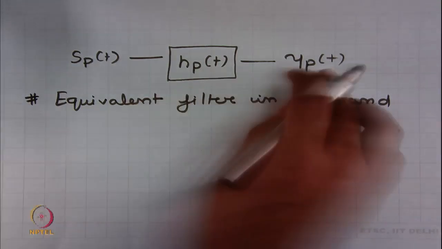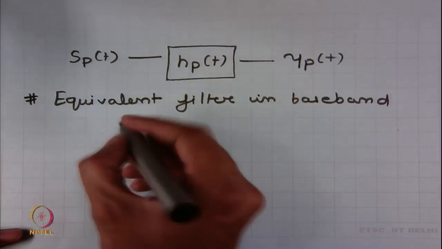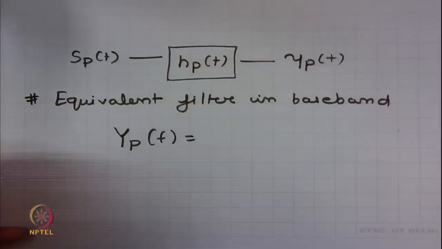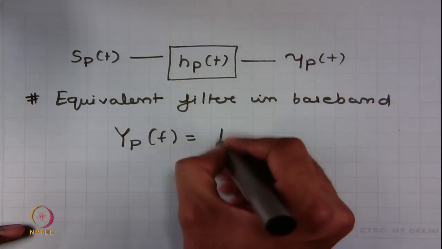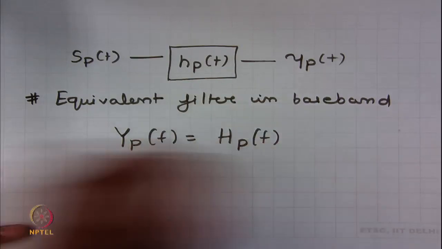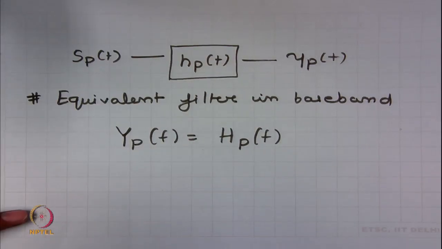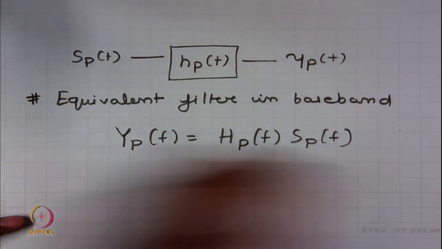If we look at this, you know from the basic course in signals and systems, that the spectrum of the output Y_p(f) is nothing but the spectrum of this filter, let me call this H_p(f), times the spectrum of the signal s_p(t), which is S_p(f).